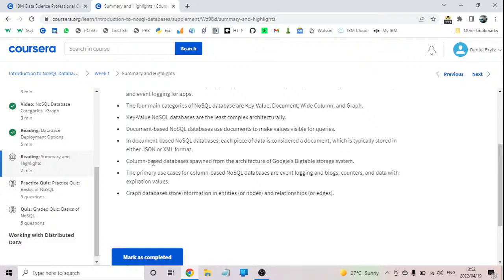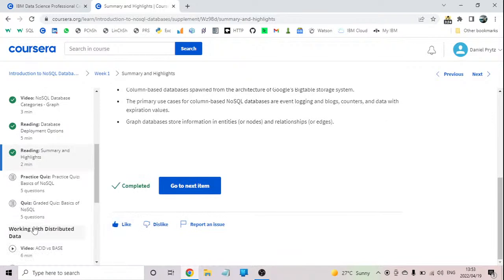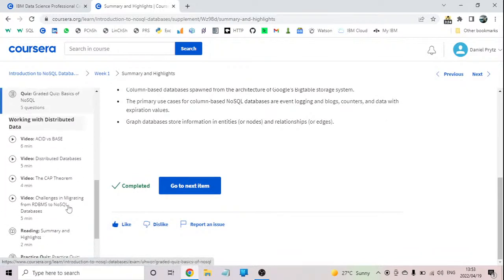Okay, that is the end of module 1. Now we move on to module 2. Let's mark this as complete. Do we give it a like? Let's give it a like. Okay, let's go to Working with Distributed Data.